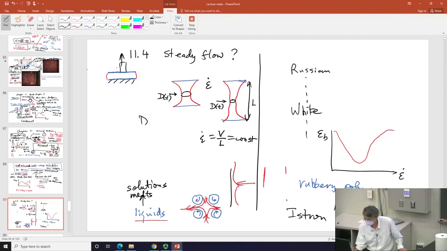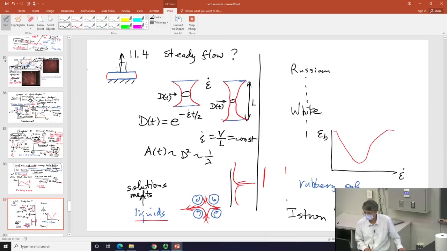And you will find your D will just decrease as exponential, because the area, which is d squared, is nothing but 1 over lambda. And that's nothing but minus epsilon dot times t.